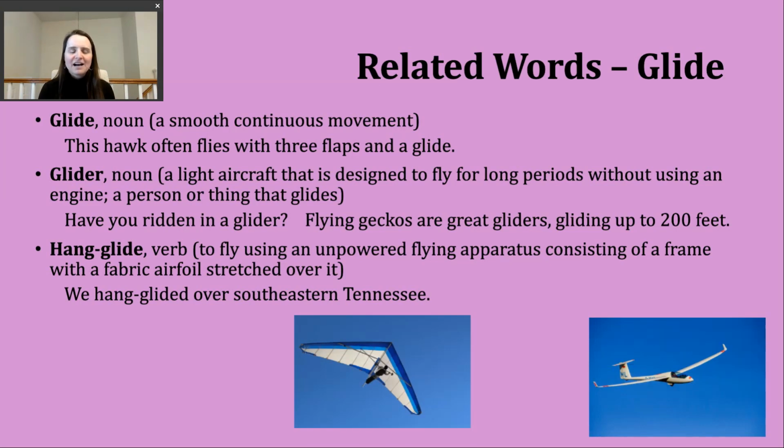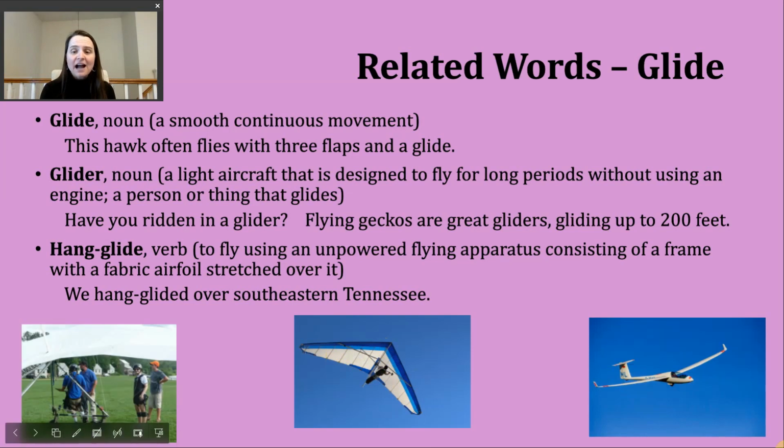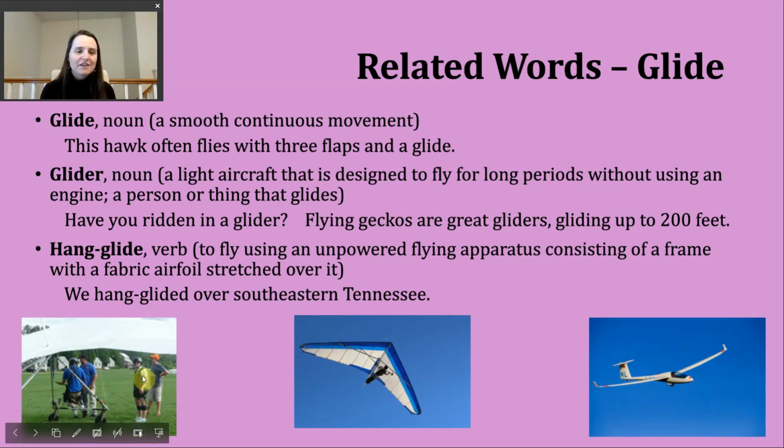Here's the first one. Here's a person. Our definition here says we have a frame, so hopefully you can see kind of the metal. I'm going to use my cursor here. Here's the metal frame, and then there's fabric. So here there's kind of two shades of blue and white fabric that's stretched over this frame. And this is actually something I have tried. So I've included a picture of me getting ready to go hang gliding.